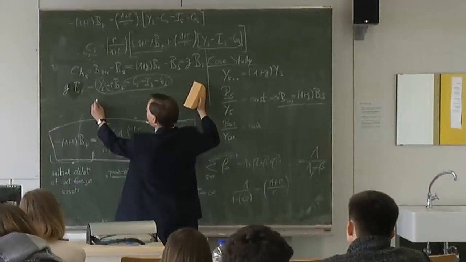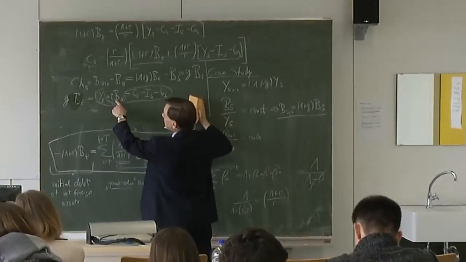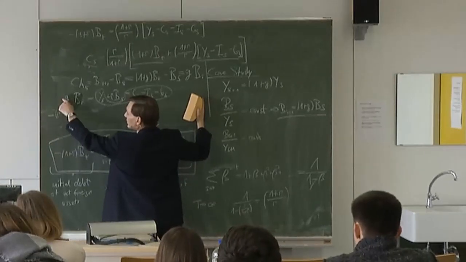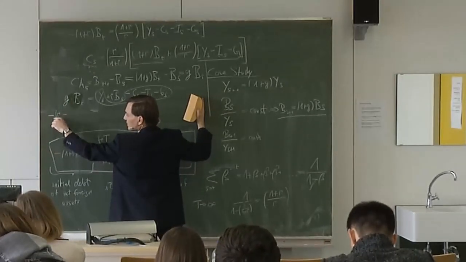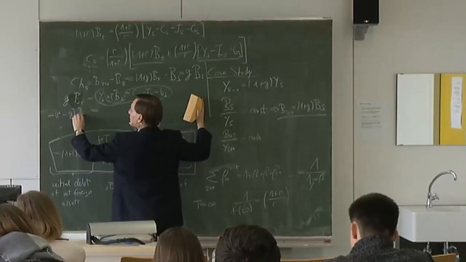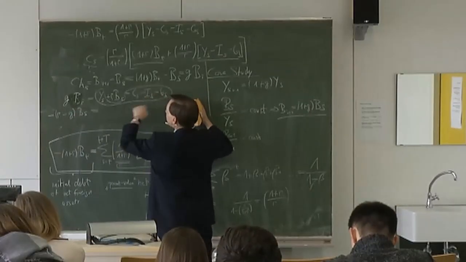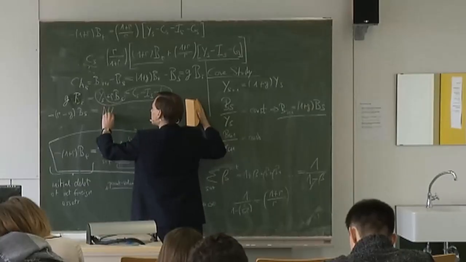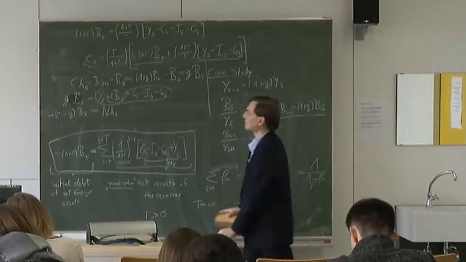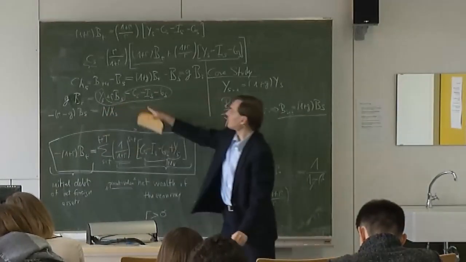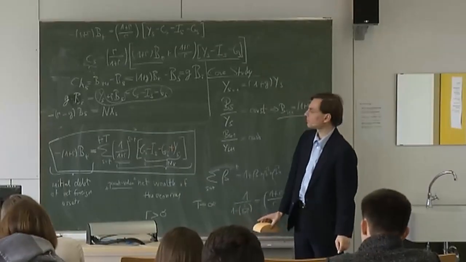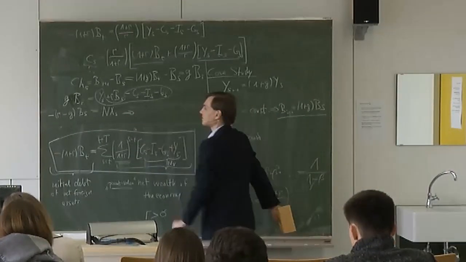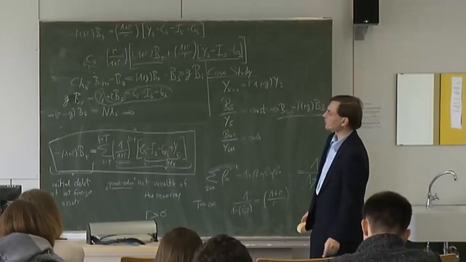So I can rewrite this condition as, if I bring B on the other side, then I have minus r plus g, because I have the minus here. I get it like this. And then I have the circled area, which is, let's call it net export in period s. I can write this in a short way like this. And from this condition I get what I'm looking for, my final point.